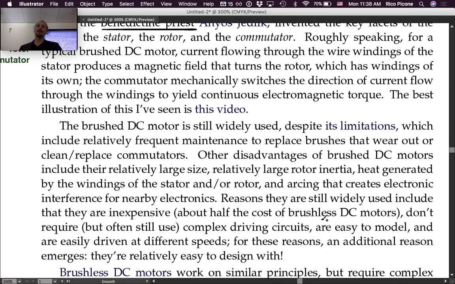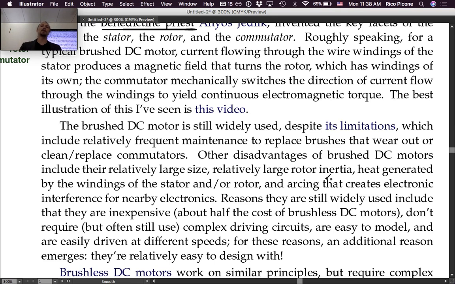Other disadvantages of brushed DC motors include their relatively large size, relatively large rotor inertia, heat generated by the windings of the stator and or rotor, and arcing that creates electronic interference for nearby electronics. So compared to some other options, like the brushless DC motor or a stepper motor, there are also some other types, but especially those two, it has some disadvantages.